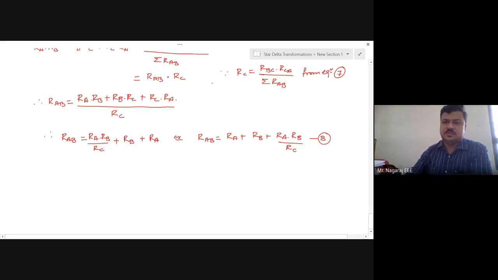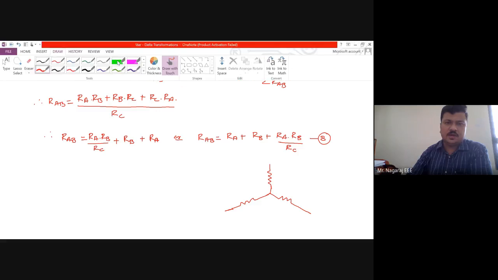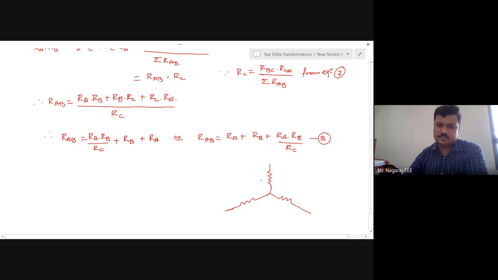Now we'll see what happens here. Now I have a star connected network. Then when I take the equivalent delta of that, with terminals A, B and C, let this be RA, this will be RB and this is RC.